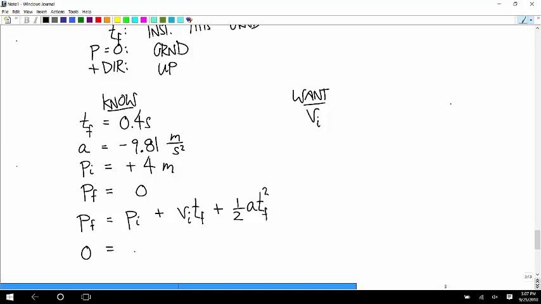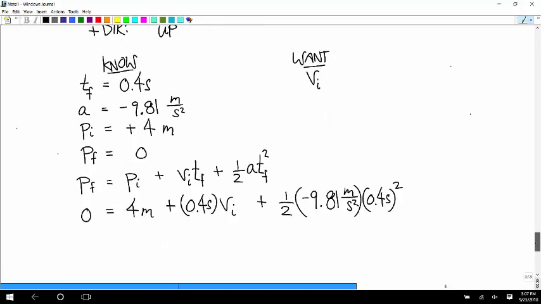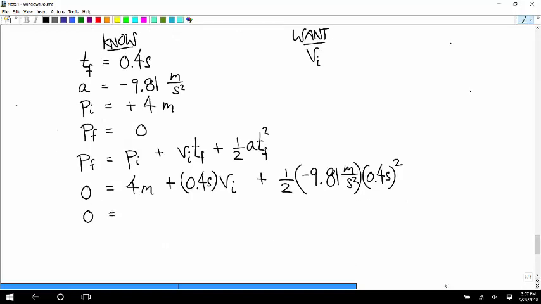So 0 is equal to 4 meters plus 0.4 seconds times V initial plus 1/2 times negative 9.81 meters per second squared times 0.4 seconds squared. And so 0 is equal to 3.2152 meters.